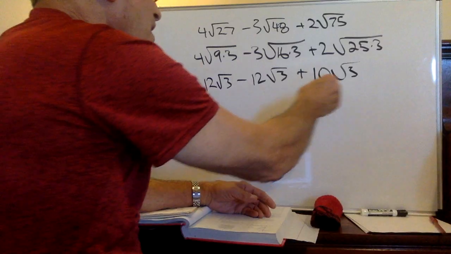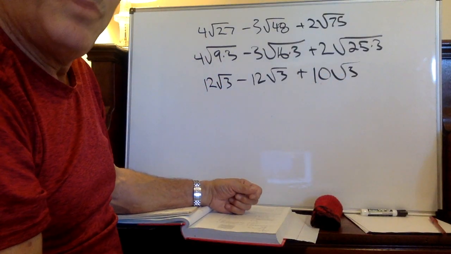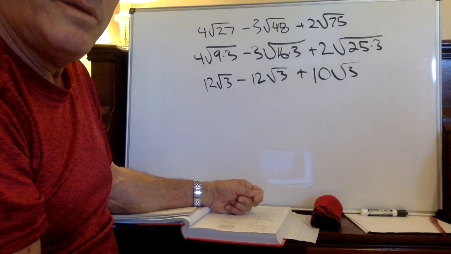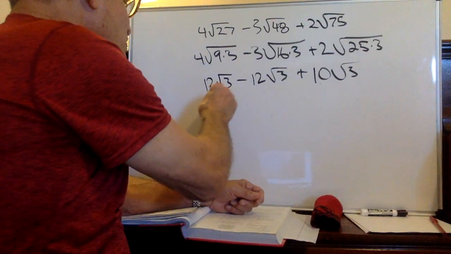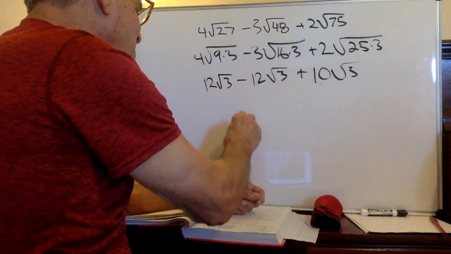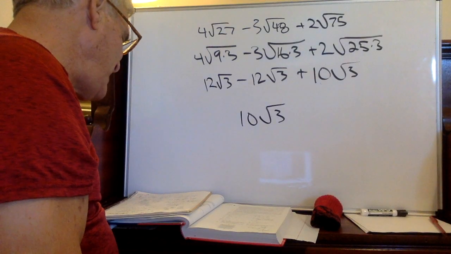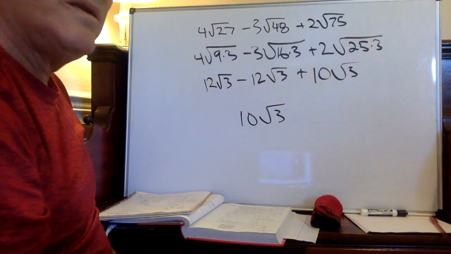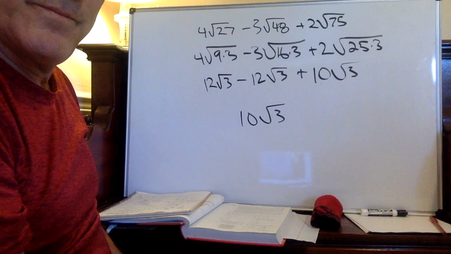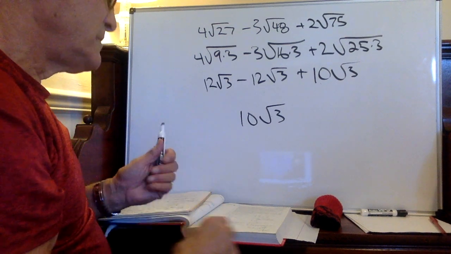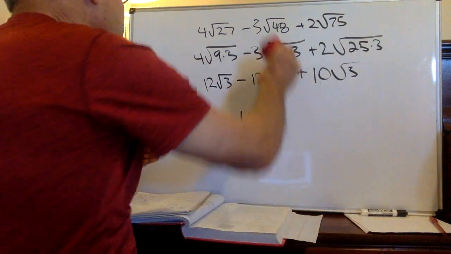These are now like radicals. Simply combine them by combining the numerical value in front. 12 minus 12 plus 10 is 10, root 3. So number 15 simplifies to 10 times the square root of 3. Hopefully everybody understood that.